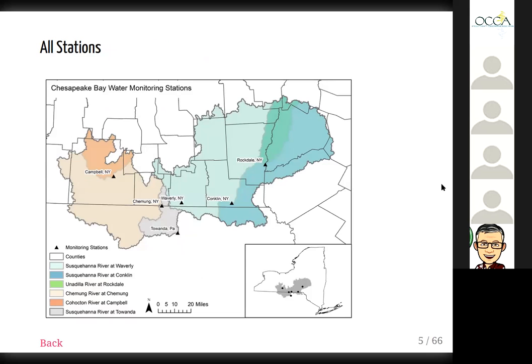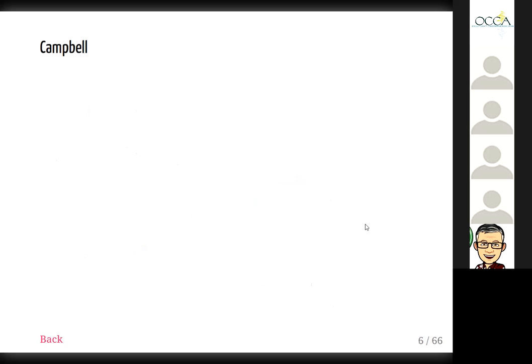So just zoom in on the map here. 3 of these are distributed on the eastern side of the sub-watershed basin, and then 2 of them are on the west side of it. And Towanda is located down here in Pennsylvania, and it also includes part of the watershed that is in Pennsylvania state.